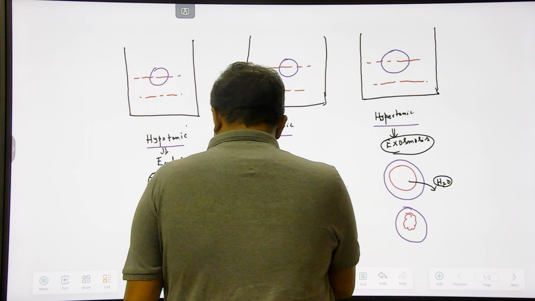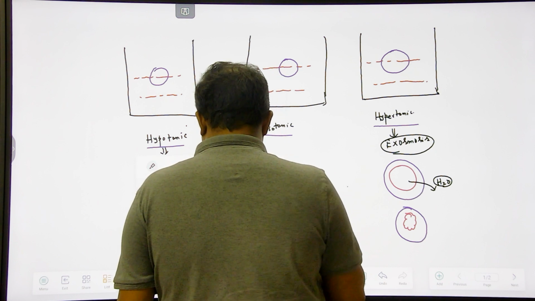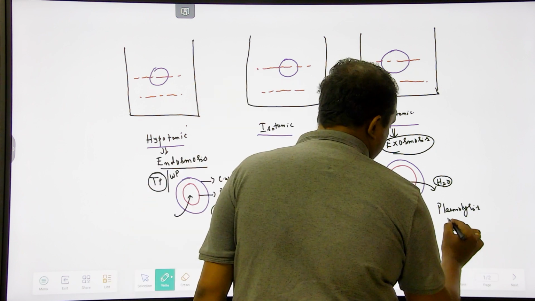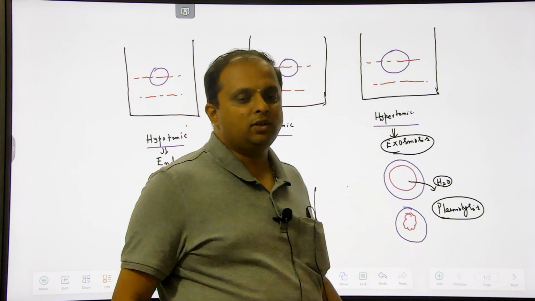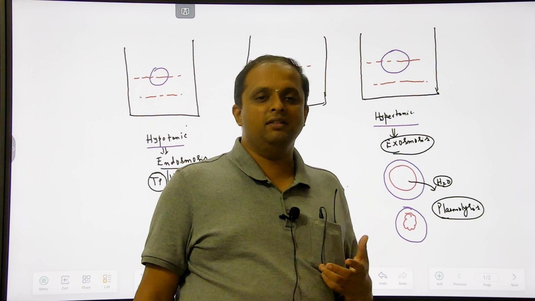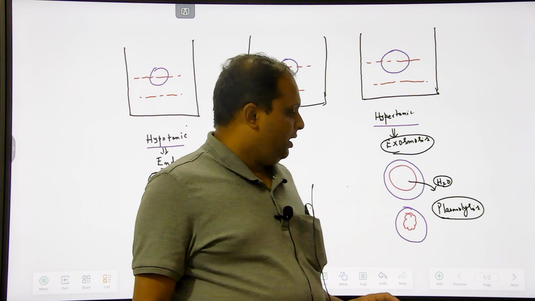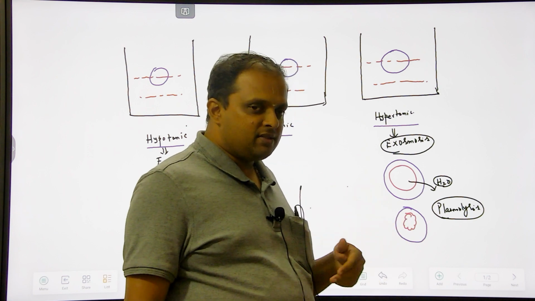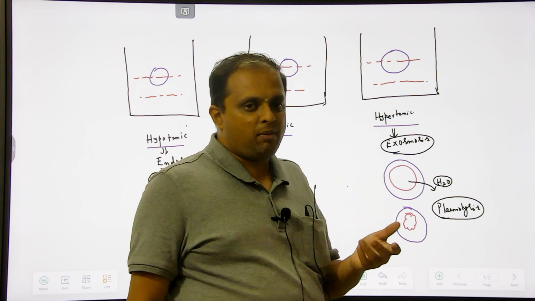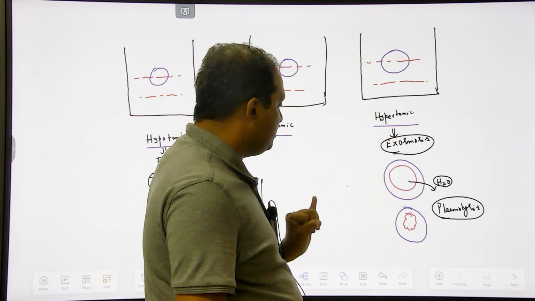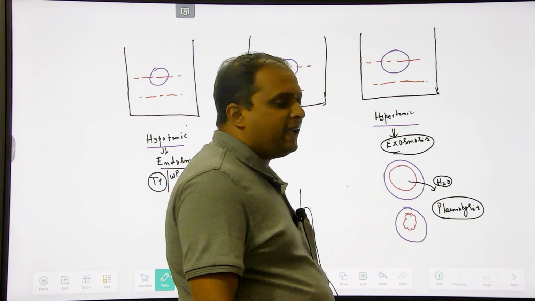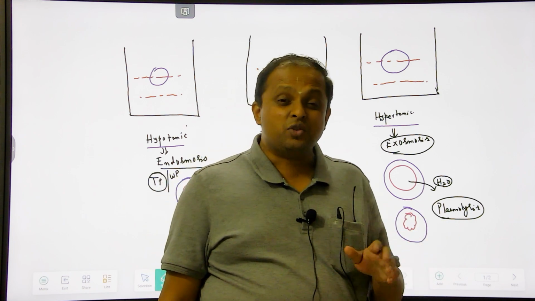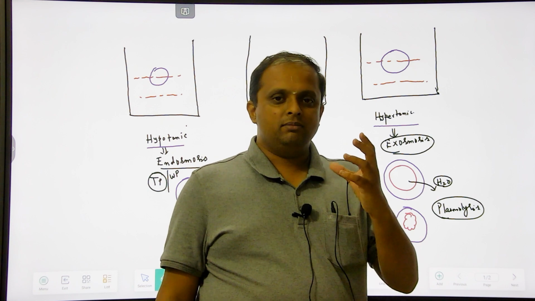Now you call this process plasmolysis, and the point to be noted is, since there is no water, there is no turgor pressure. So a plasmolyzed cell will not have turgor pressure, because the cell itself has lost the water, so there is no pressure exerted by the plasma membrane on the cell wall. Second thing is, when you place this plasmolyzed cell back in a hypotonic solution, the cell is going to gain water and become turgid.